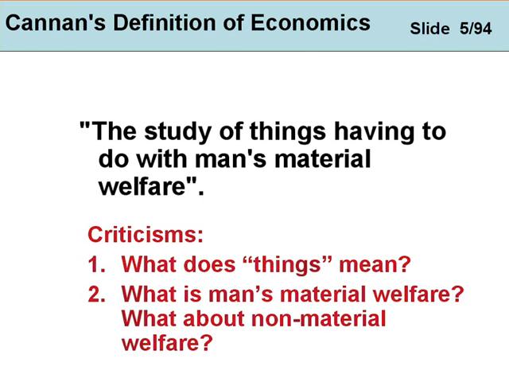To many people these are important, and that is what's missing in the definition. Cannan was fixed on man's material welfare, but the immaterial, the non-material, may be very important to us.